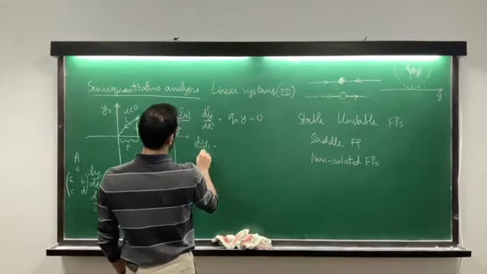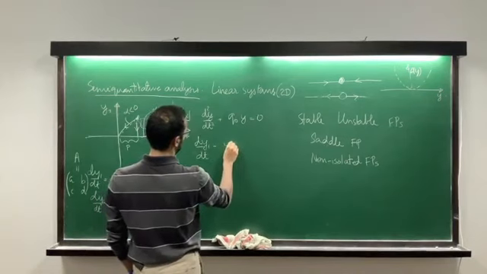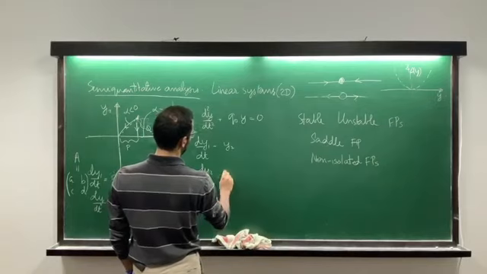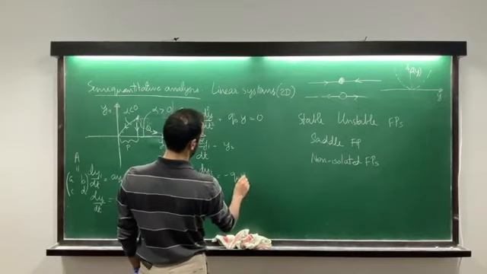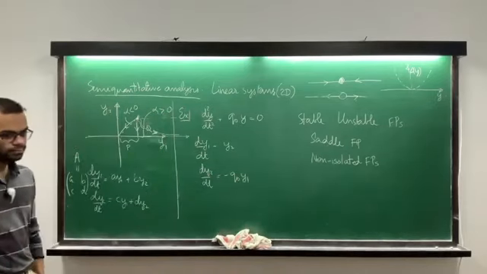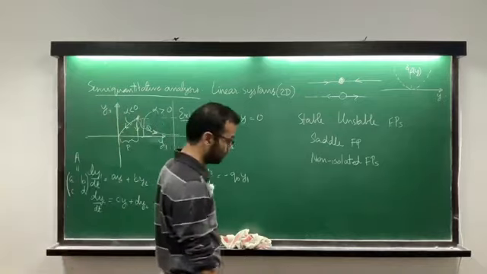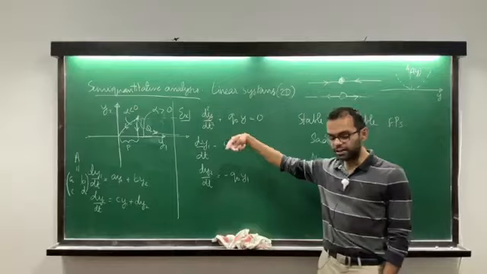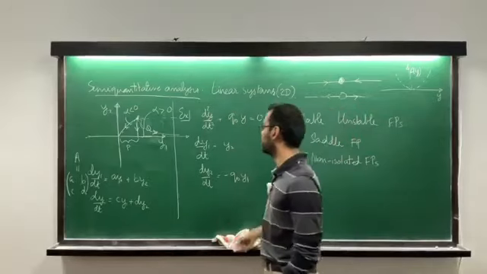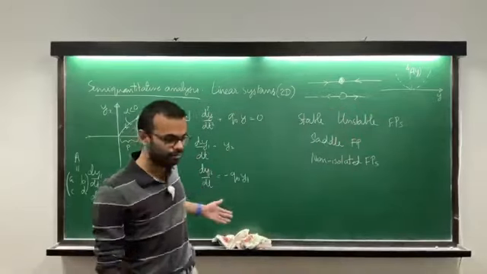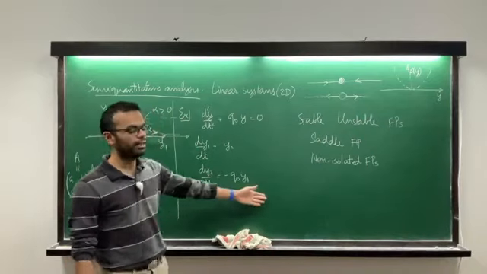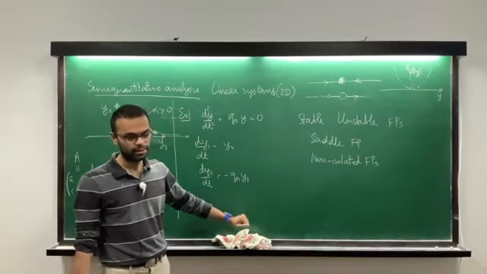So dy1 by dt is equal to y2, and dy2 by dt is equal to minus q0 y1. Unlike the previous case, where it was perfectly decoupled, this is perfectly coupled. The y1 equation does not have any y1 term on the right hand side, and the y2 equation does not have any y2 term on the right hand side.